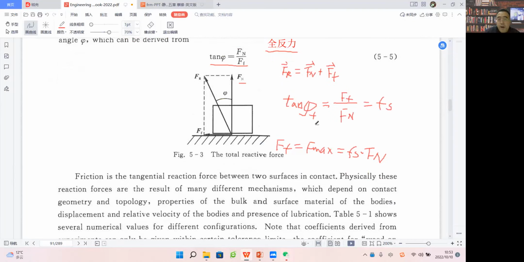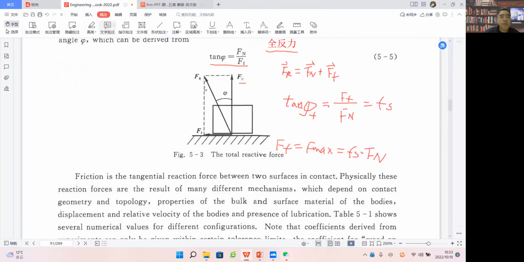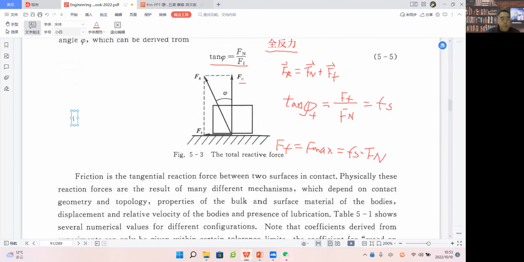So actually we call this angle phi f the angle of friction. In Chinese, we call that 摩擦角, angle of friction.